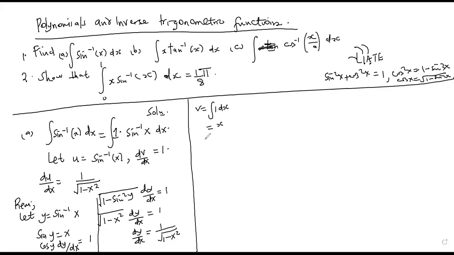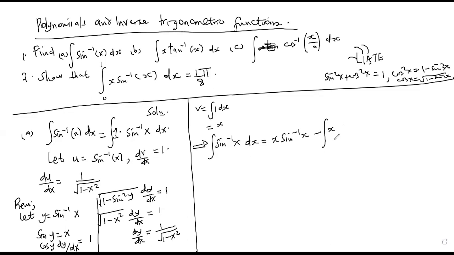Now it implies that the integral of sine inverse of x dx is going to be equal to uv, but our u is sine inverse of x, and v is x, so it is going to be x sine inverse of x minus the integral of v du dx.